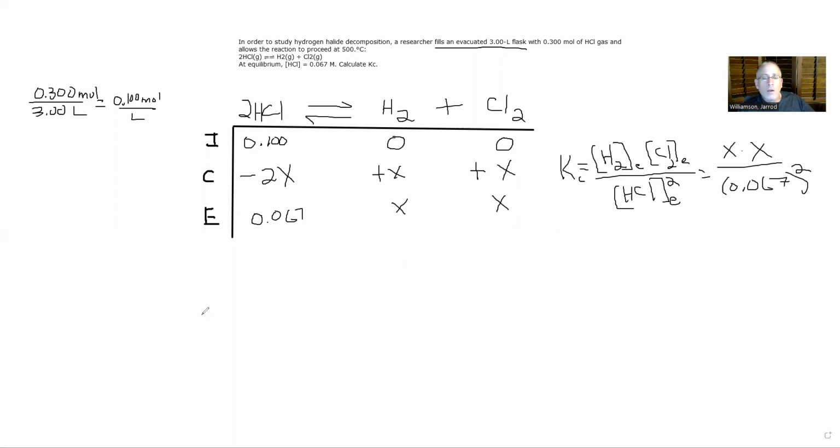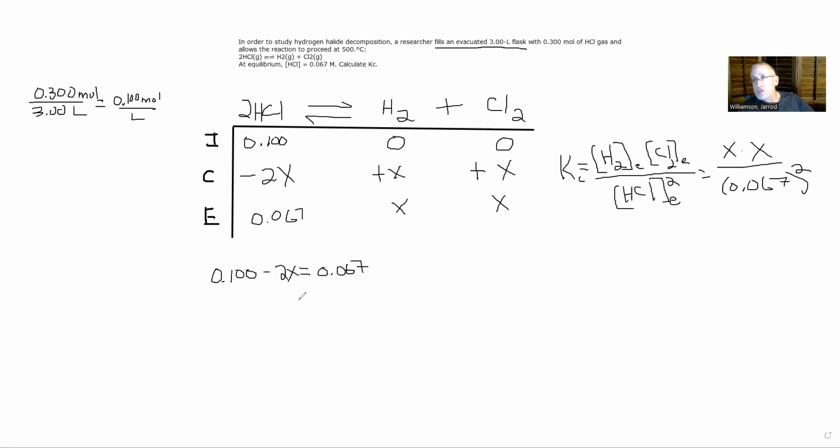Now we just got to get the values of x. Well, we know that at equilibrium, 0.100 minus the amount will be equal to 0.067, because we started with 0.1, 2x amount was consumed, and when that was done, we had this much left.